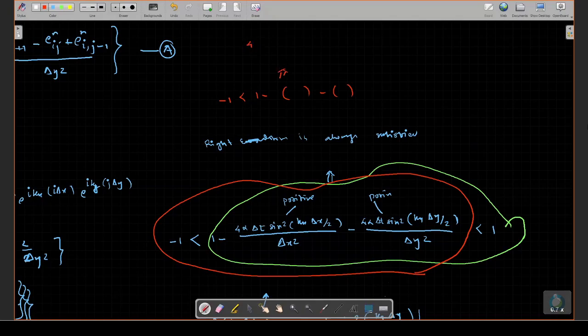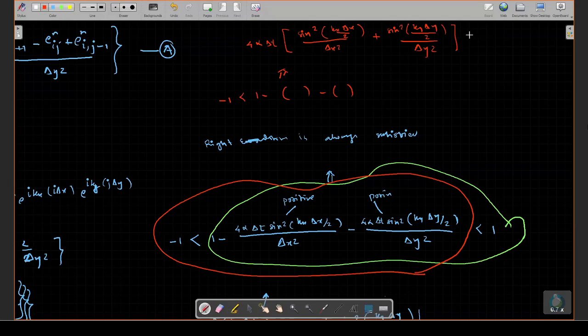Just copying here: alpha delta t, in the bracket, sine square kx delta x by 2 over delta x square plus sine square ky delta y by 2 over delta y square, should be less than 2.